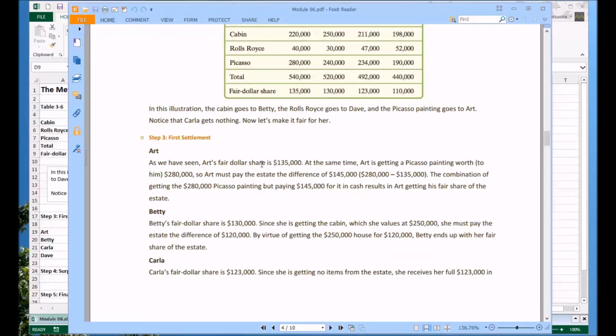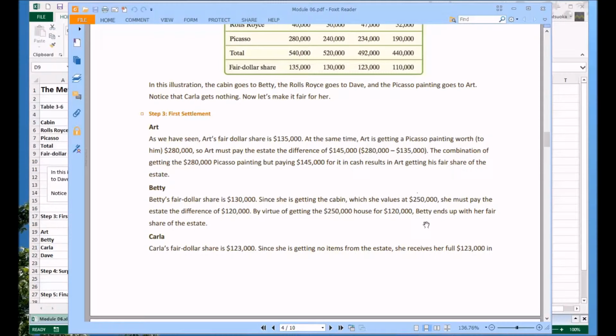For Art, the fair share in dollar value is 135,000, but the painting is worth 280,000, so he has to pay the difference of 145,000 to make his fair share of 135,000. For Betty, her fair share is 130,000, but the cabin is worth 250,000, so you take the difference between the two, and she has to pay out 120,000.